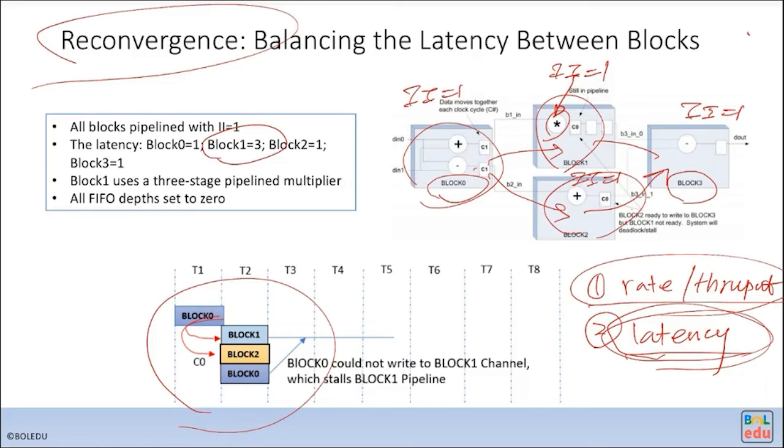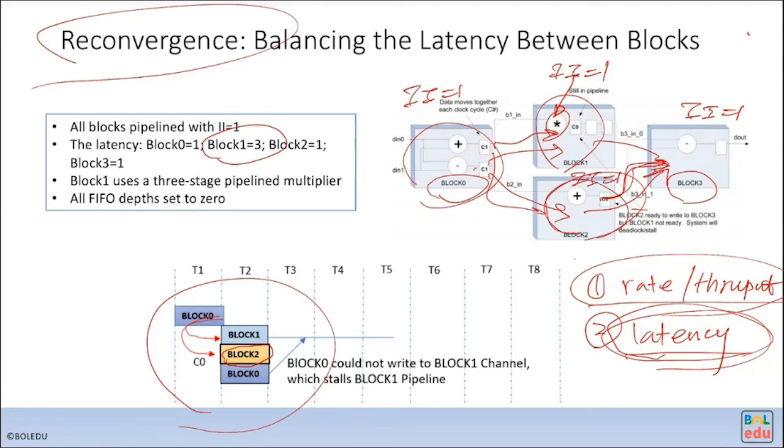So you can see block 0 generates the output that goes to block 1 and block 2, and then block 2 generates the output, but the output cannot flush.